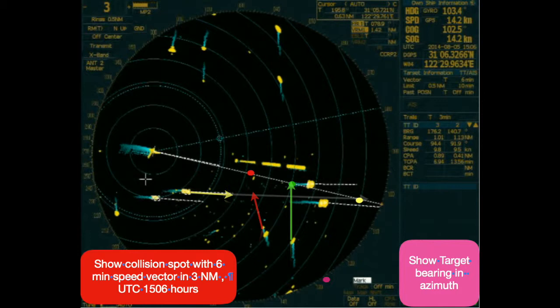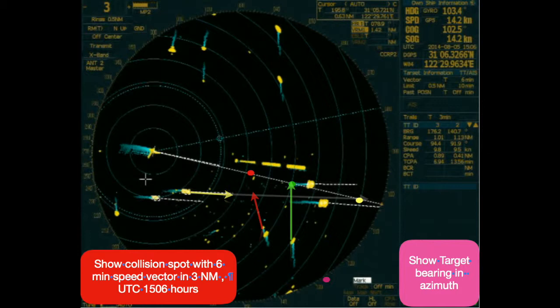Okay, let's see this picture. We set two virtual speed vectors out of the past 3-minute trail of the target. One is categorized as danger, with red color. Another is categorized as green, a safe target. Safe or danger is decided by whether the target arrives at the collision spot at about the same time as us, like this red target vessel.